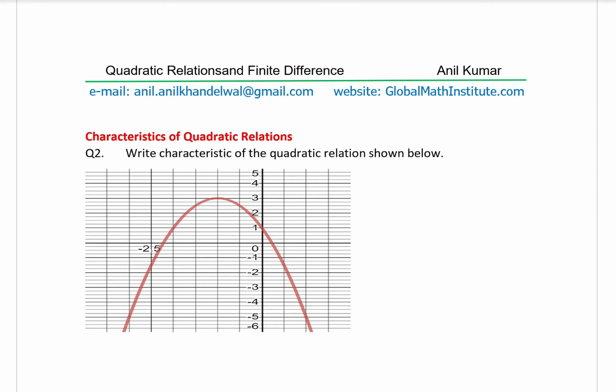Now let's move forward to other types of questions. Here in question number 2, we need to write characteristics of the quadratic relation shown from the graph. So straight from the graph, we can always say that first thing, it is a parabola, opens down, and then we can say what the vertex is.